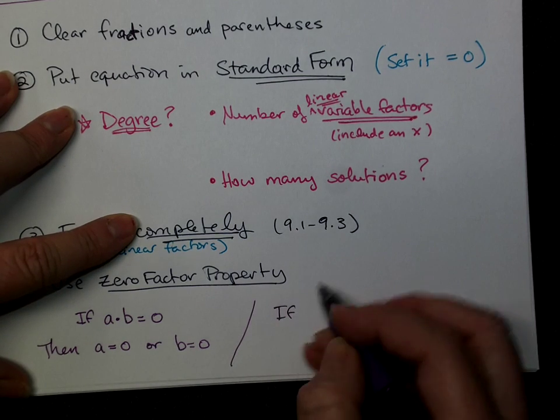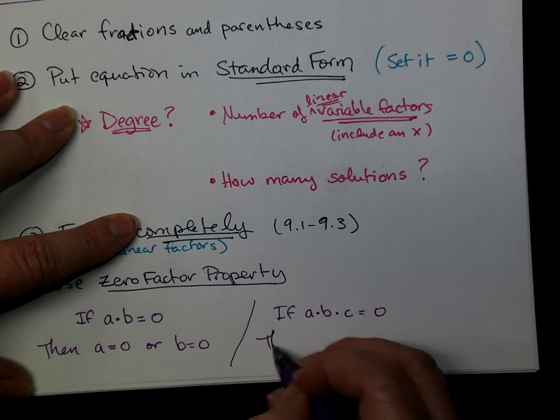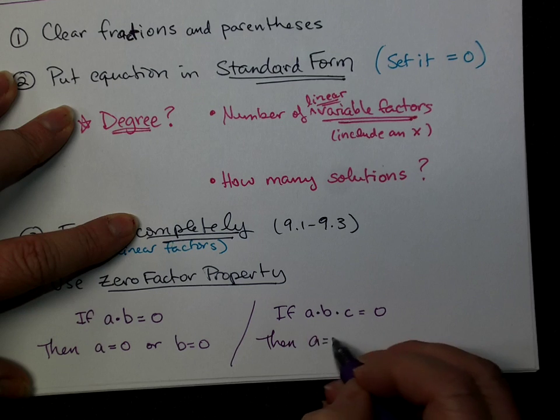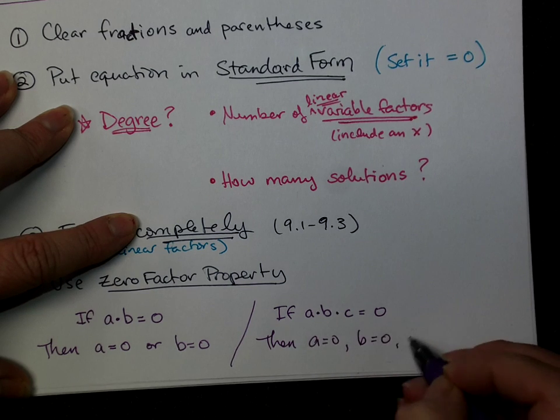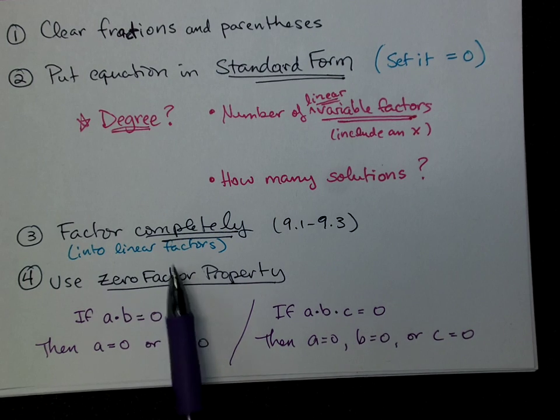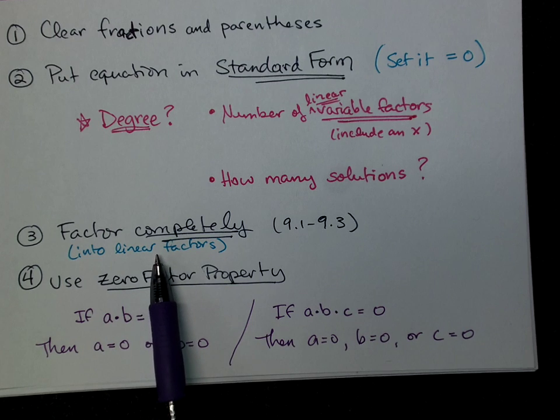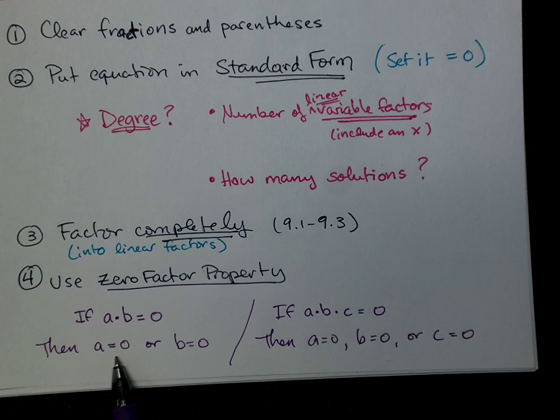In the case of cubics, if a times b times c equals 0, then either a equals 0, b equals 0, or c equals 0. So using the zero factor property means we set each linear factor equal to 0. If one of our factors is x plus 3, we say x plus 3 equals 0 and solve for x. Each little linear factor becomes a little linear equation.